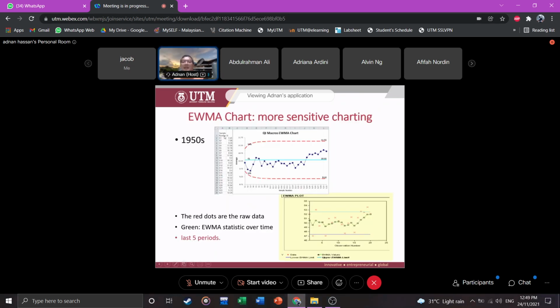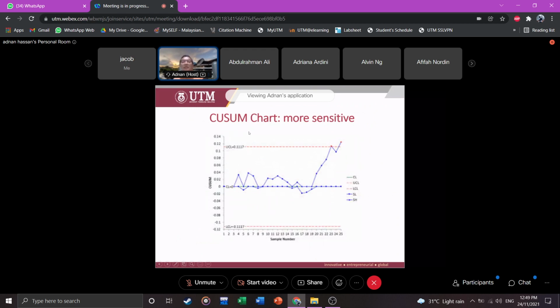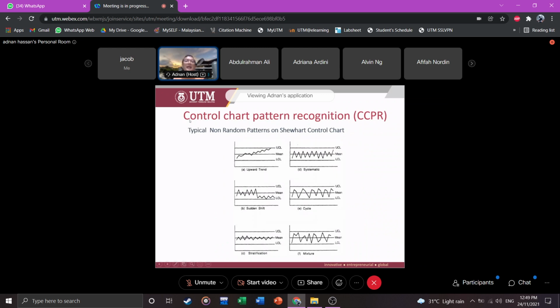So there are other charting techniques to make a control chart more sensitive, such as EWMA and CUSUM. What I'm saying is that people in the past in statistics were looking into how to improve the sensitivity of control charts. But with the technology of artificial intelligence, people are looking into integrating AI, in this case using neural networks, plus the traditional statistics.